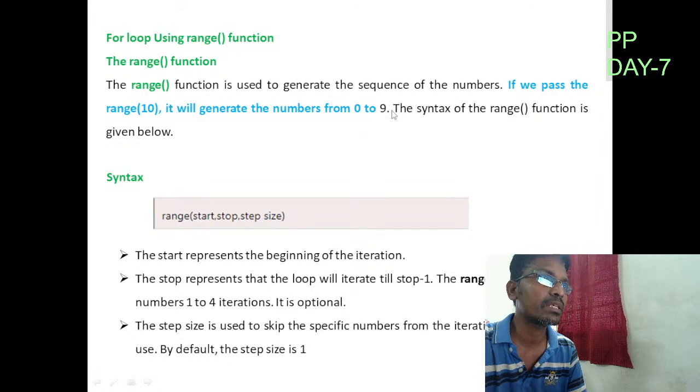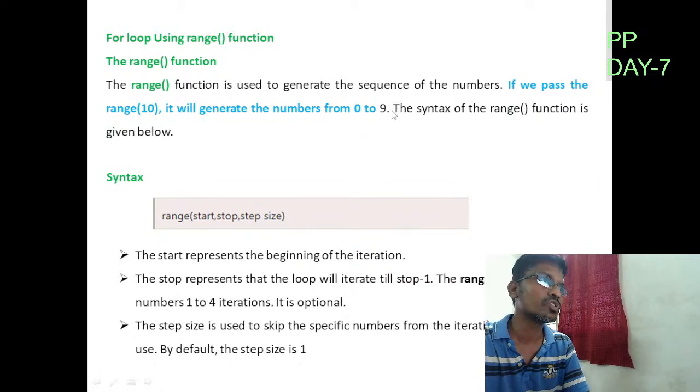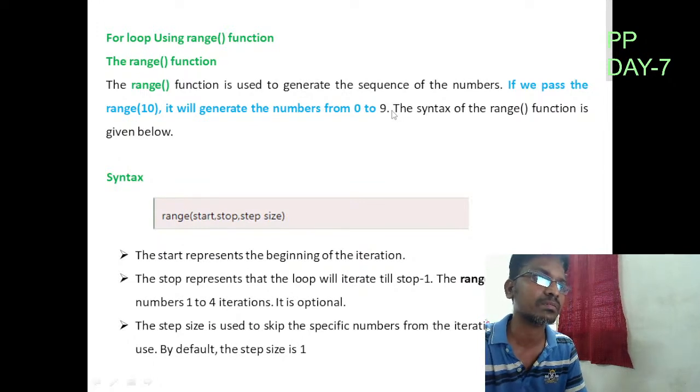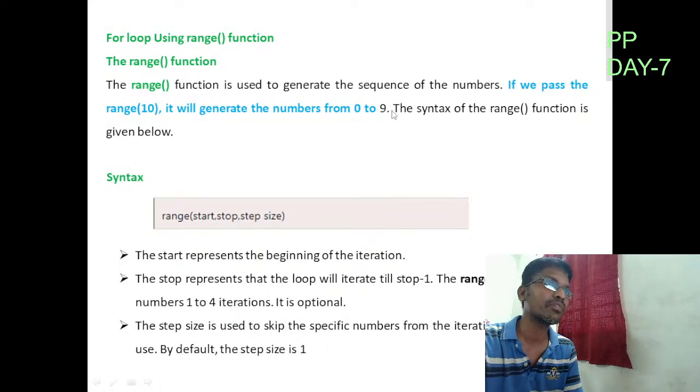I hope you'll be understanding what I am saying. So by using a range function, you generate the sequence of numbers. For example, if we pass range followed by 10, the meaning is that it will generate the numbers from 0 to 9.